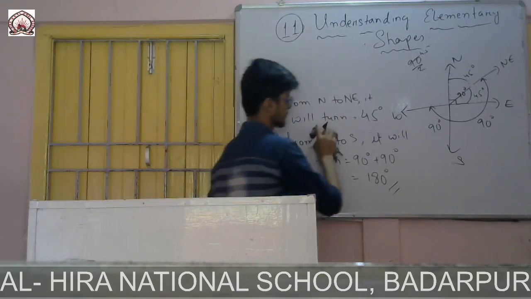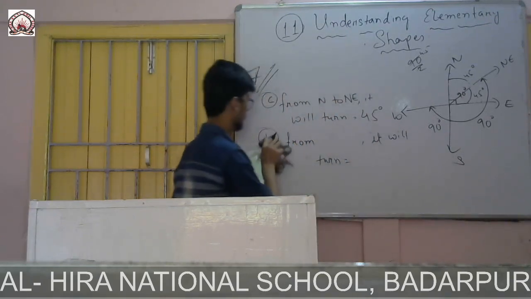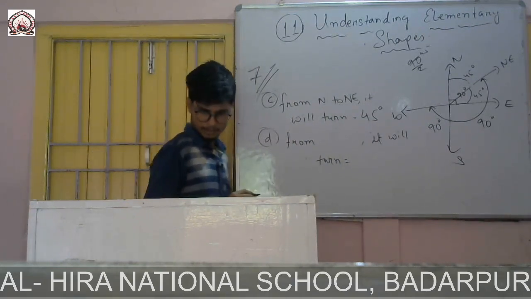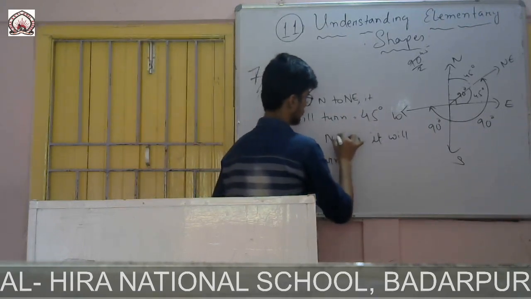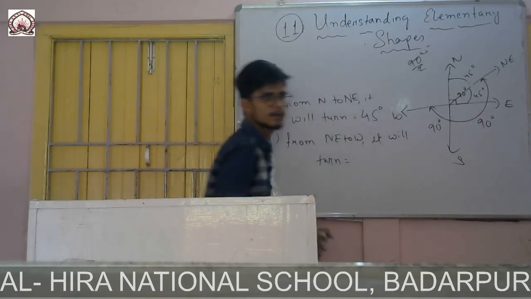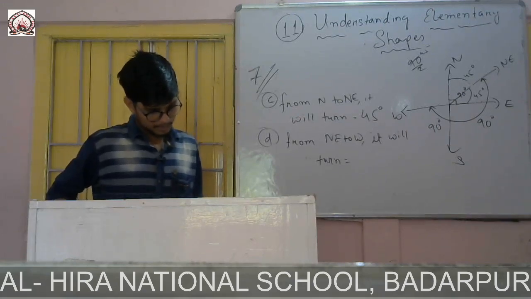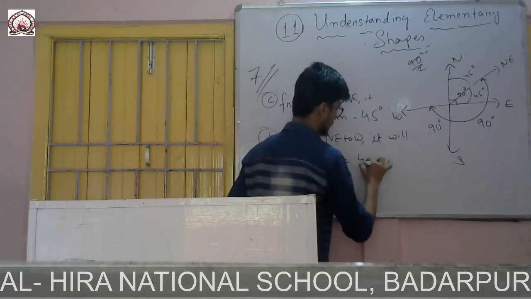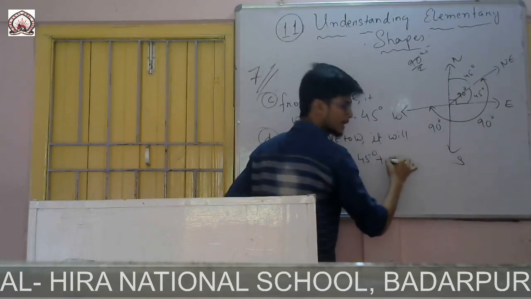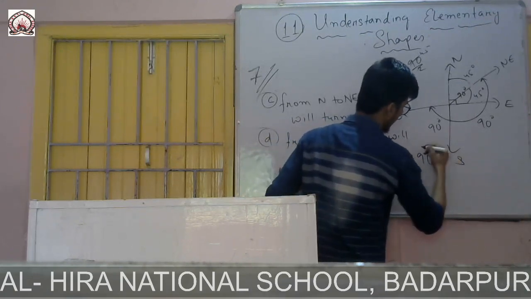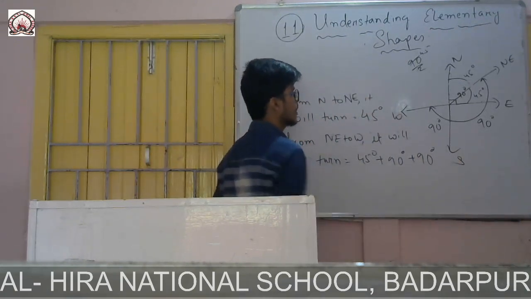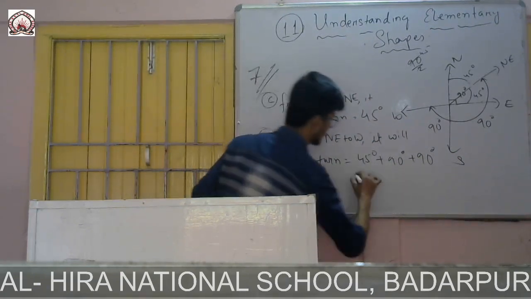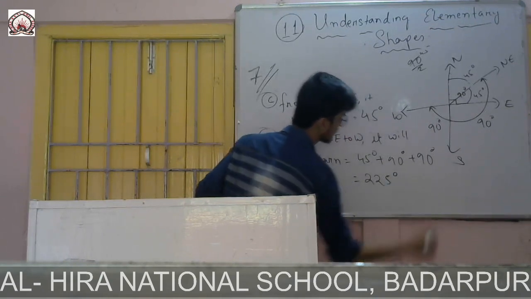So from northeast to west, right, starting from here, the first one is 45 degree, then it is 90 degree, then the next one it is 90 degree. 90 plus 90 it is 180. 180 plus 45 it is 225. So 225 degree it will turn.